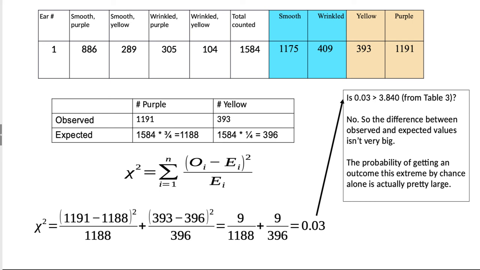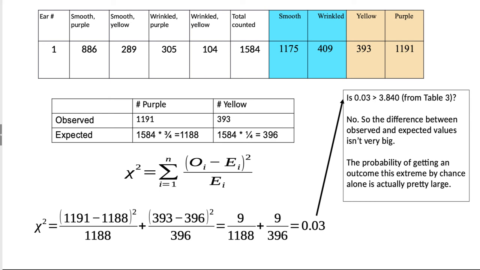So to calculate the number of expected kernels, we would take the total number, 1,584 in this case, and we would multiply it by 9/16, okay, to get the expected number of smooth purple. We'd multiply 1584 by 3/16 to get the smooth yellow. We'd multiply 1584 by 3/16 to get the wrinkled purple.